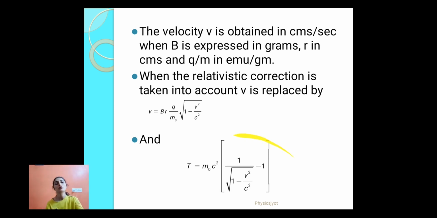So that is how we will get this equation. So these are the two equations when the alpha particle will have a velocity comparable with the velocity of light. That is how we will have a relativistic correction in the picture. Otherwise, we can simply use the earlier formulas which we have written.